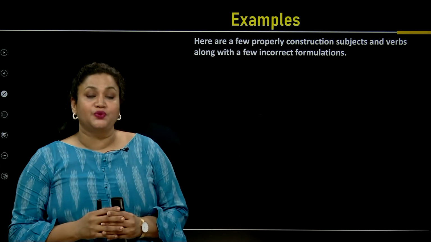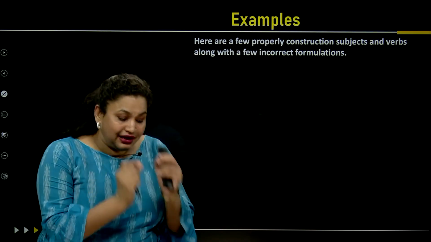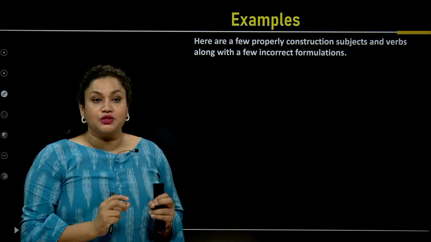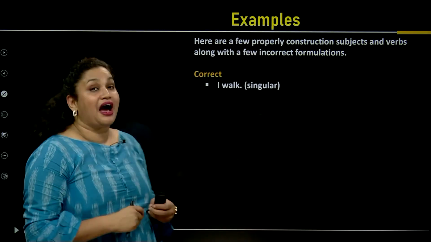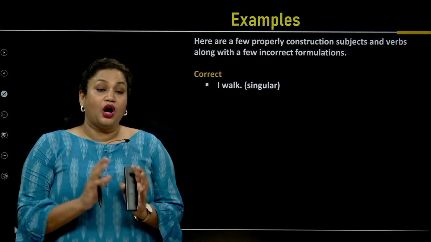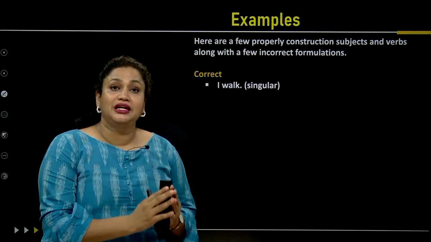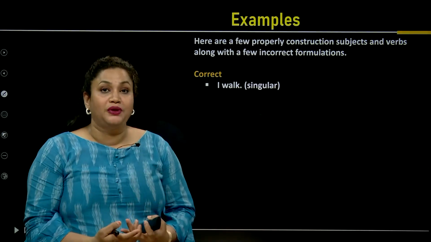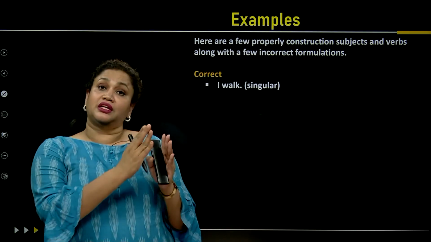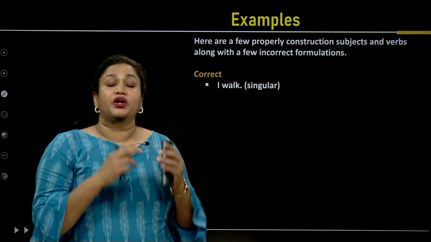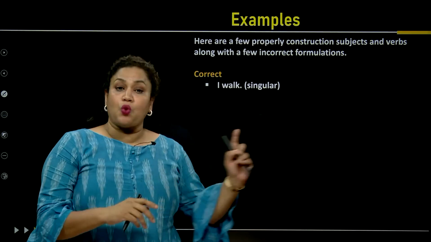The first thing we need to understand is that whenever you have a singular verb, it should always go with a singular noun or a pronoun. So understand this the correct way. I walk. Now, as we saw in the last class also, only in the third person singular do we have this problem: we always use a different form, adding an s, and we do not use the regular walk format.